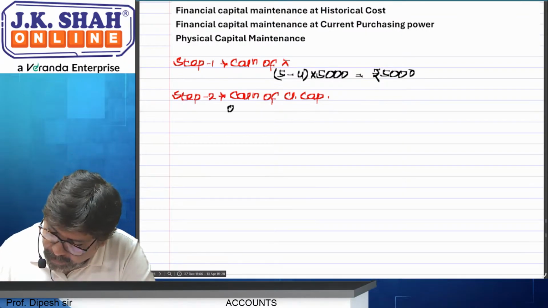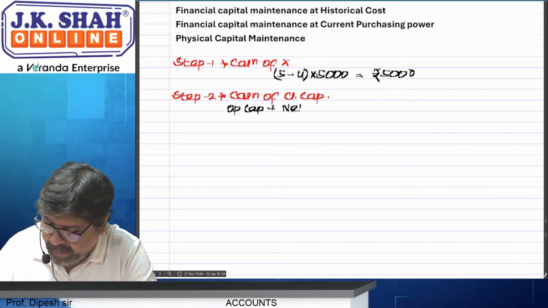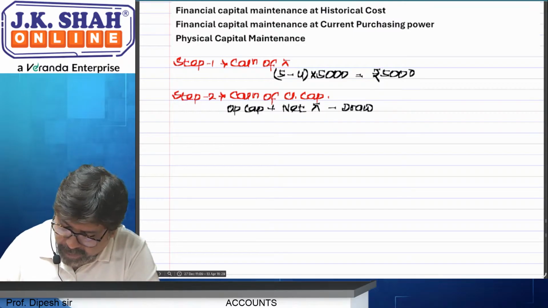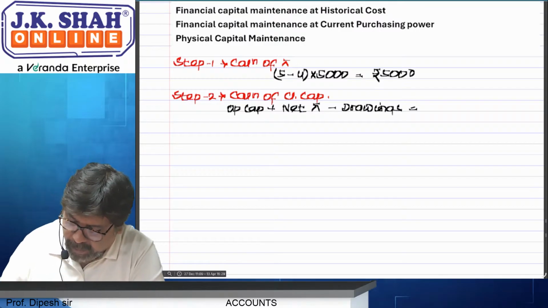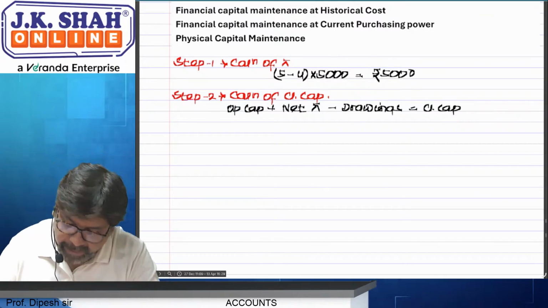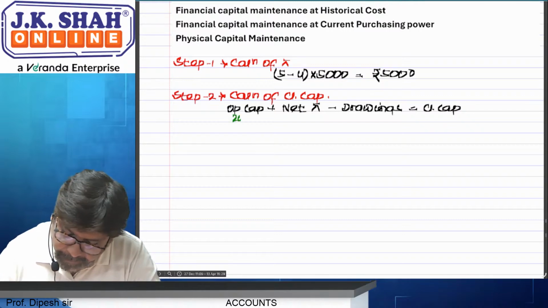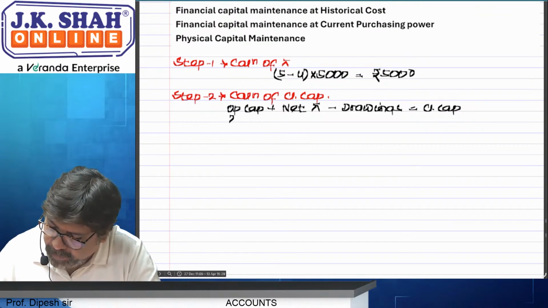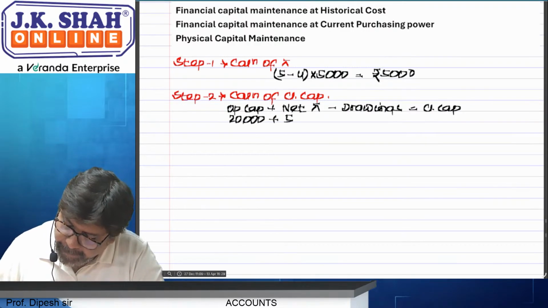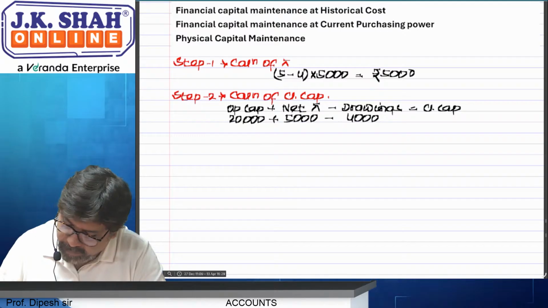Closing capital is equal to opening capital plus net profit minus drawings is equal to closing capital. Correct. Tell me, my dear chartered accountant, opening capital how much? 20,000. Opening capital 20,000. Net profit, minus drawings 4,000.